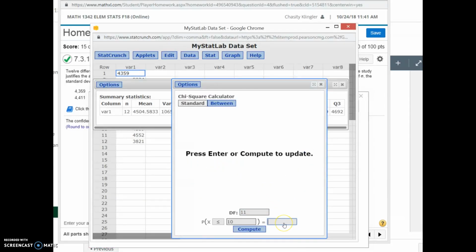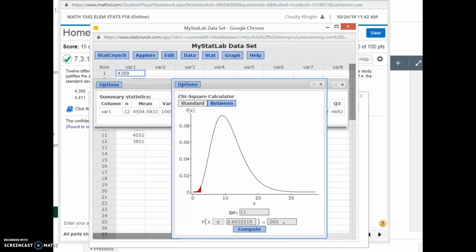Now remember, a chi-squared distribution is not symmetrical, so you need two different values. If I leave it as less than, this gives me my chi-squared to the left value. That's going to be 2.603.